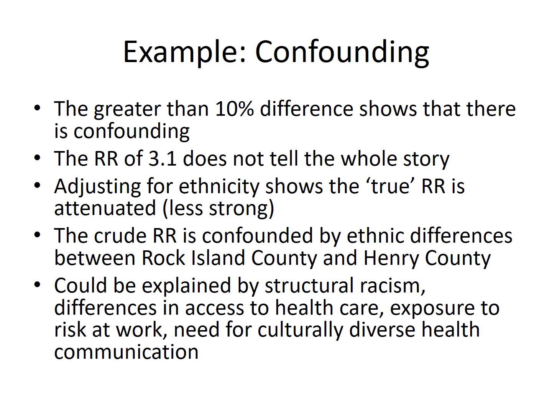So the fact that we see evidence of confounding means that triangle exists. It means that there is an association not just between ethnicity and the county, but also between ethnicity and the outcome, COVID-19.